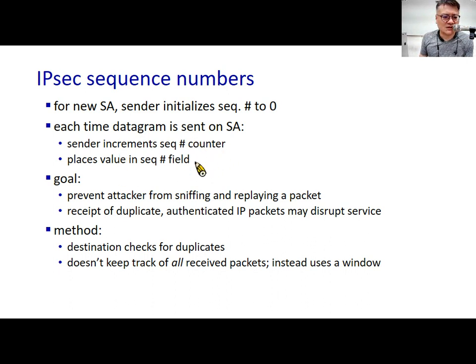The goal is to prevent an attacker from sniffing and replaying a packet. Receiving duplicate authenticated IP packets may disrupt the service. So the destination must check for duplicates and keep track of all received packets using a window.